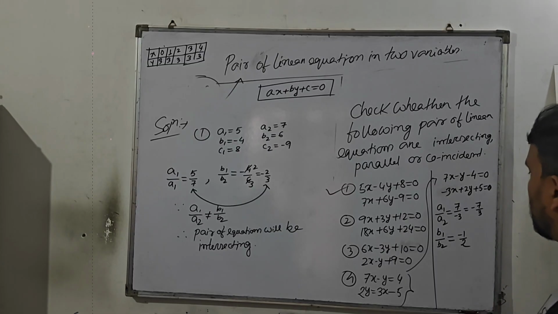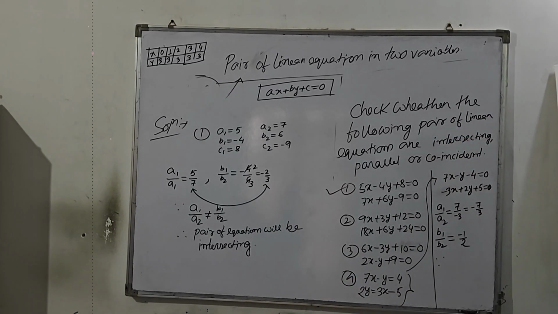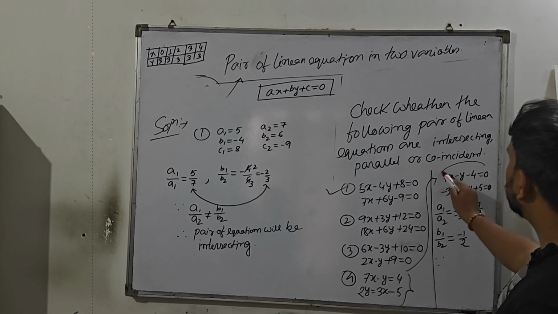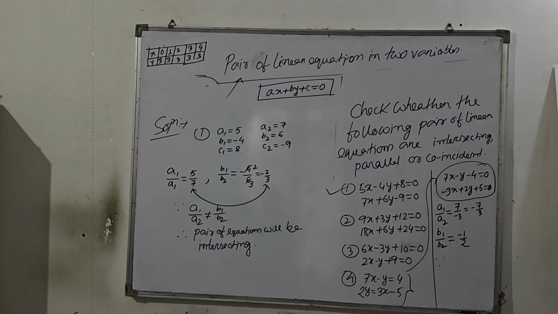Both are not equal. So you must write, since a1 by a2 is not equal to b1 by b2, therefore pair of equations will be intersecting.